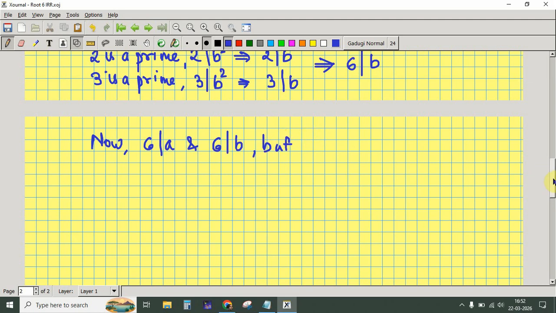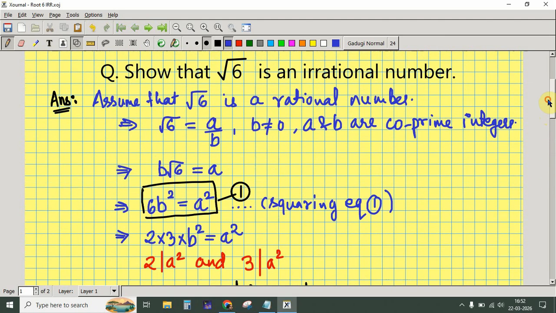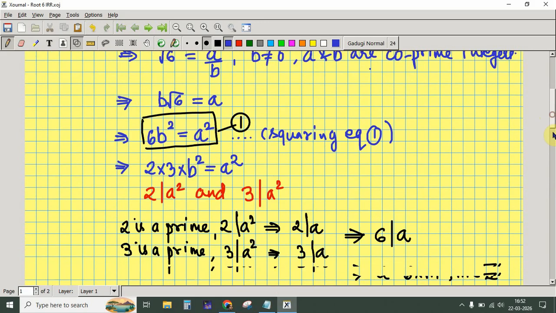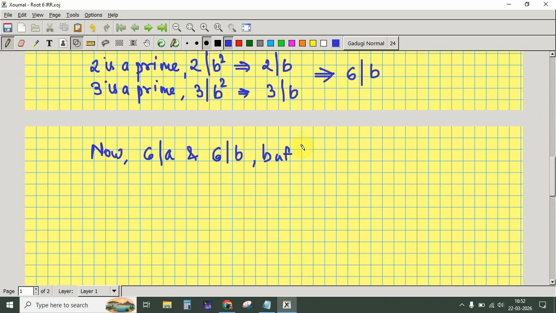our assumption was this: root 6 is rational where this fraction form is in its simplest form. That means a and b have no common factors. That's another word for co-prime integers, okay? But a and b are co-prime integers.